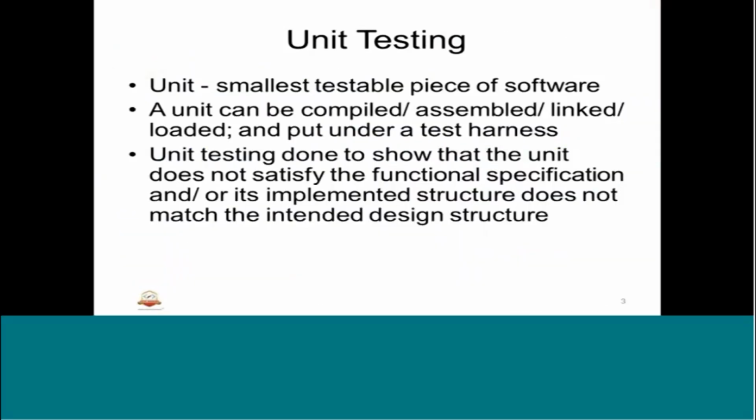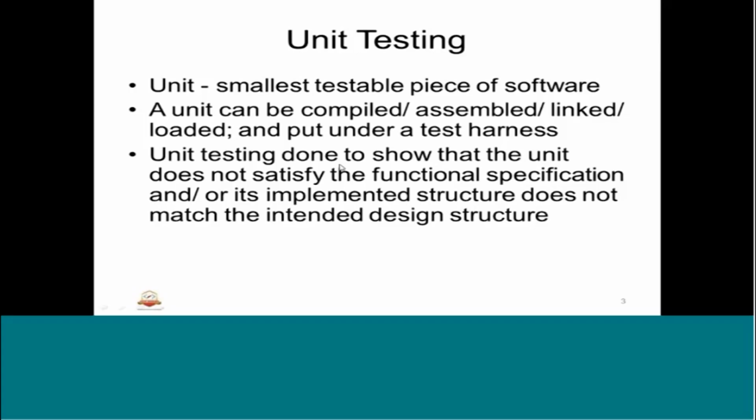Okay, just to highlight what we do, unit testing. Unit is the smallest testable piece of software. A unit can be compiled as well as being executed and put under a test harness. I will explain what a test harness is in a later session. A unit under test will be separately addressed for unit testing.